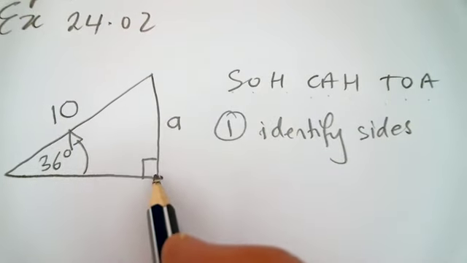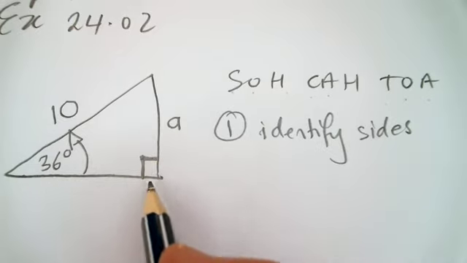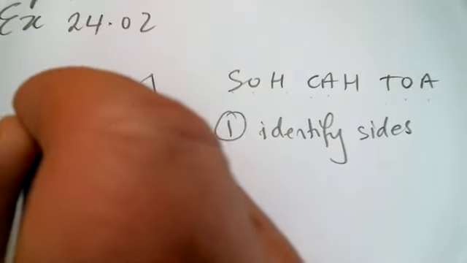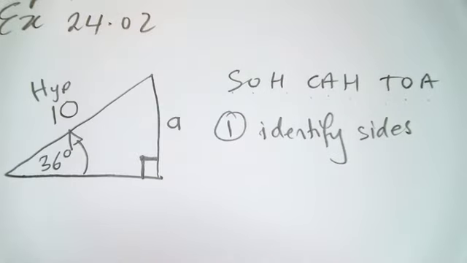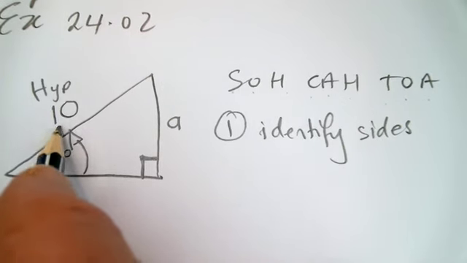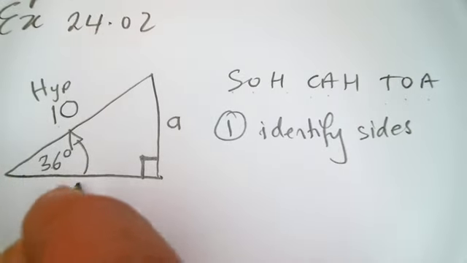The hypotenuse is always opposite the right angle. Here's the right angle, so this must be the hypotenuse, this side here. Now, the adjacent is always the side next to the 36. Well, this is next to it as well, but this is the longer side. So it's the other side that's next to it. So this side here is the adjacent.